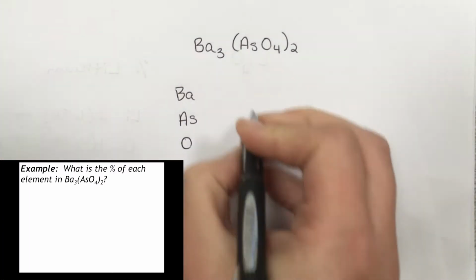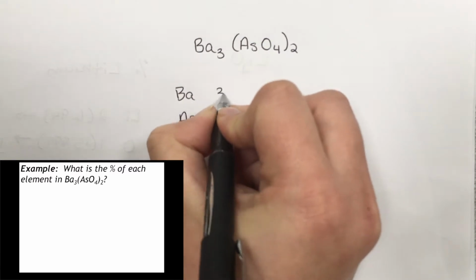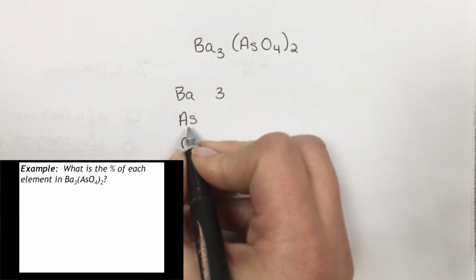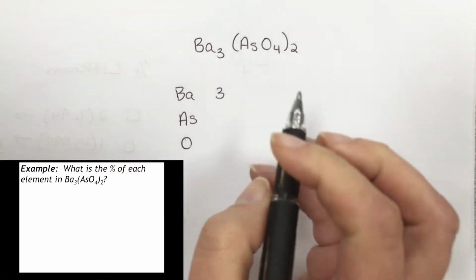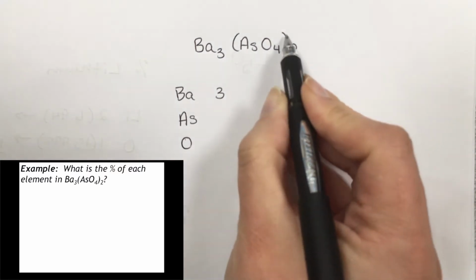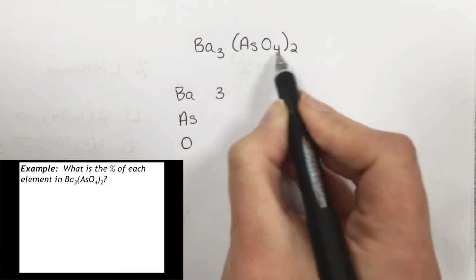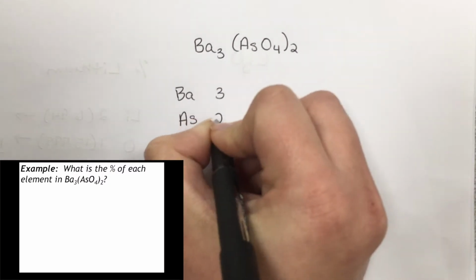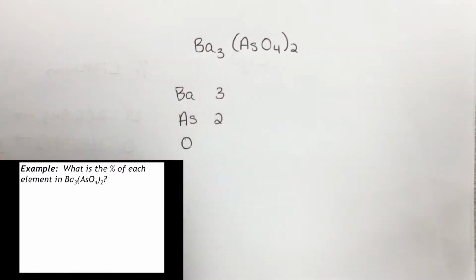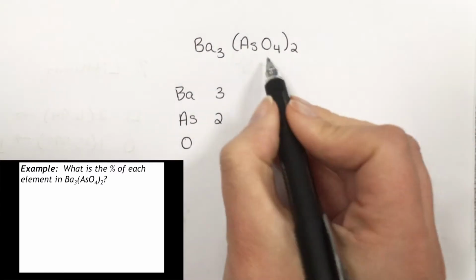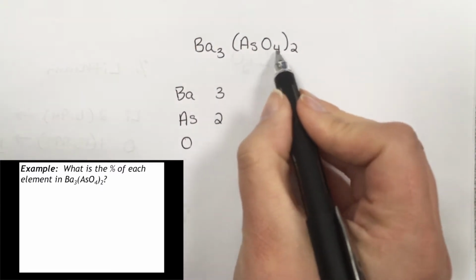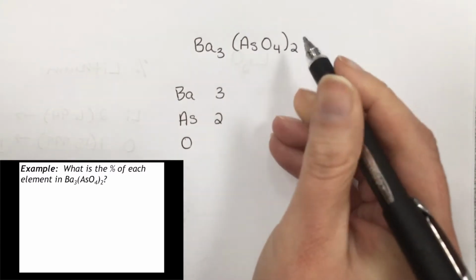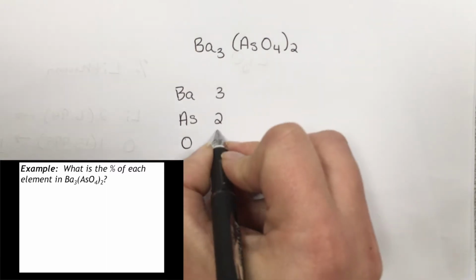That's it. So barium, I only have 3 atoms of barium. Arsenic, I have 1, but the parentheses represents that I have 2 of whatever's in here. So I have actually 2 arsenic. And then I have oxygen, which I have 4 of them, but because I have this 2 on the outside, I have 8.